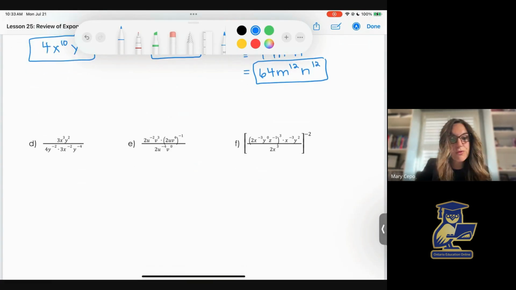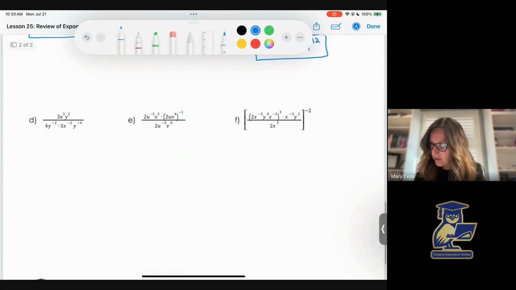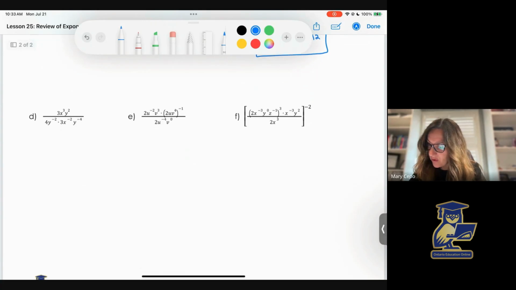Okay, so again, before you use the quotient rule, see if there's anything we can do within the numerator and the denominator separately first before we apply that quotient rule. So if we look here, we have 3x cubed y squared divided by 4y to the negative 2 times 3x to the negative 2 y to the negative 4.